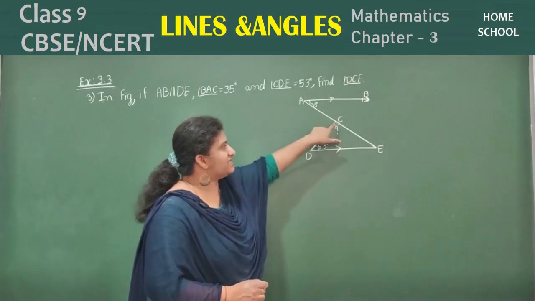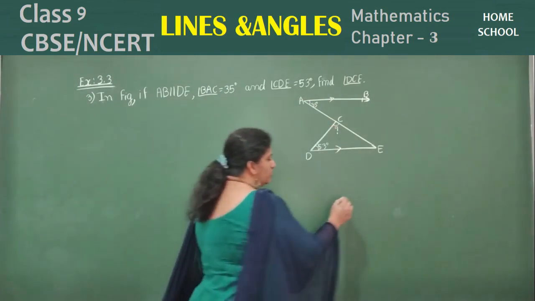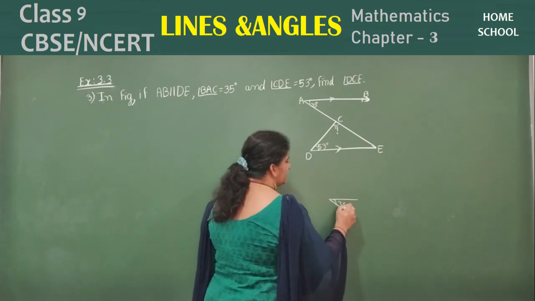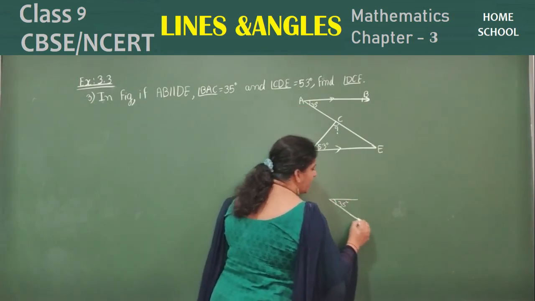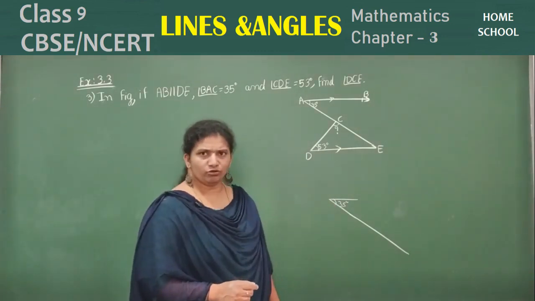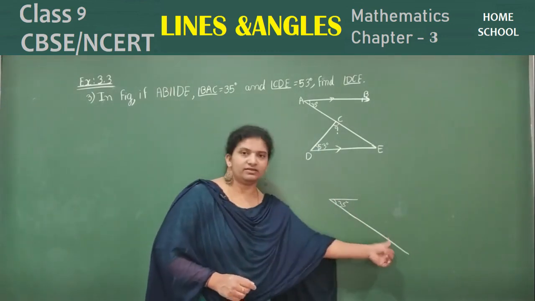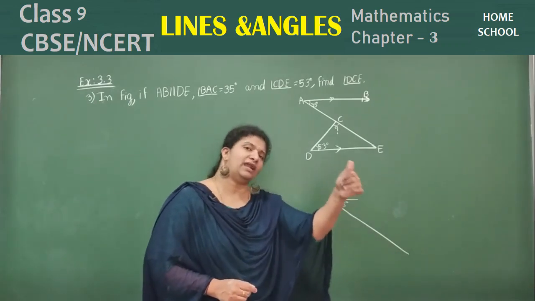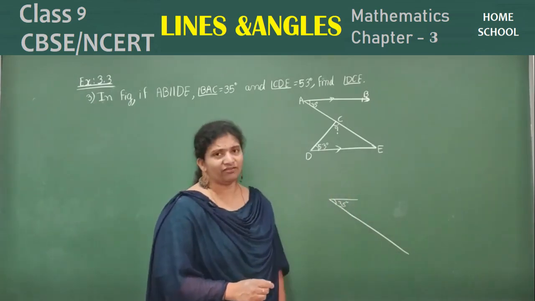Angle BAC is given, children. So look here, angle BAC is 35 degrees, given. Suppose if I extend this line, does this angle change? No. This ray, the angle where it extends up to the end letter, you can say that angle is 35 degrees.